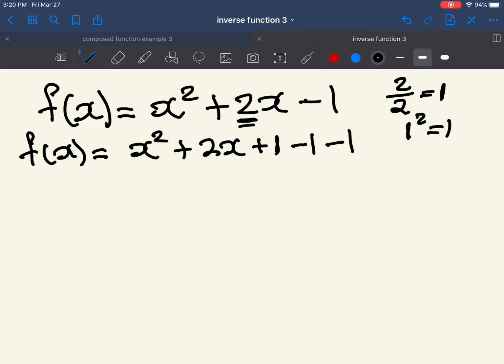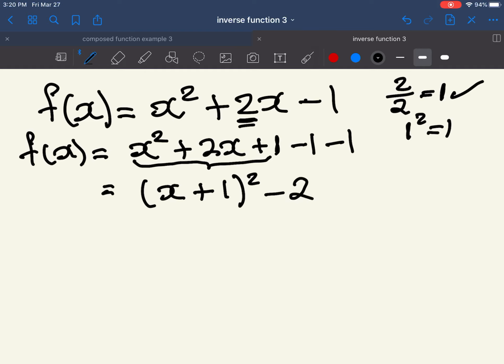Now this expression here is a perfect square. Now you have (x plus 1) squared minus 2. Now you write y equals, and you interchange. This is x equals (y plus 1) squared minus 2.